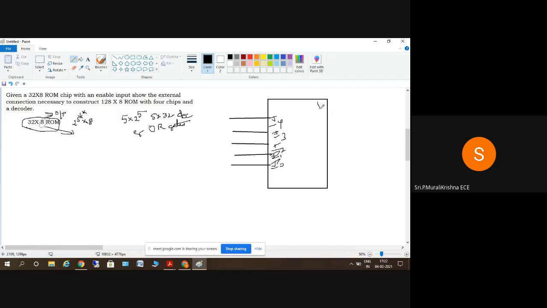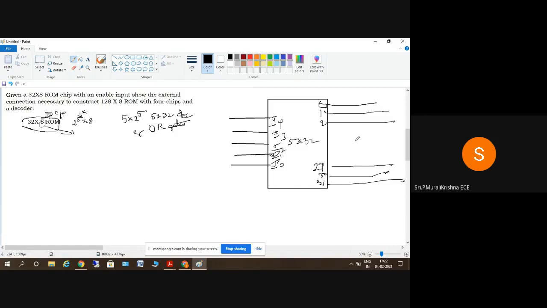And we'll have outputs 0, 1, 2, up to 31, so a total of 32 outputs. For the decoder, this is 5 into 32.